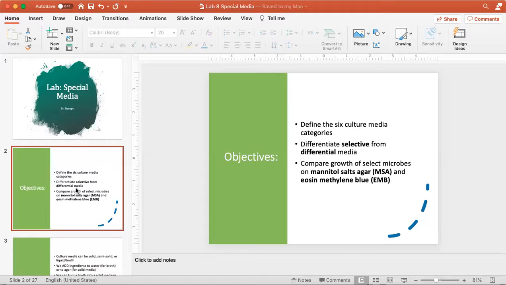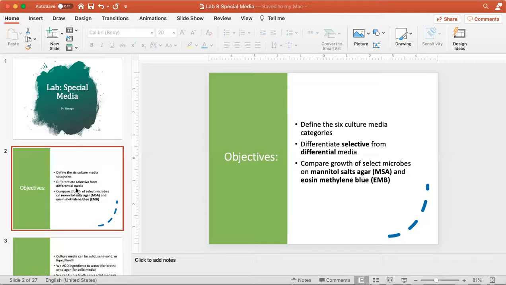Then we're going to start talking about these special media. We're going to differentiate what's called selective media from what's called differential media. And then we're going to run a little experiment.